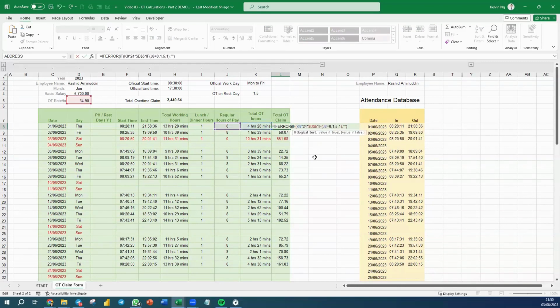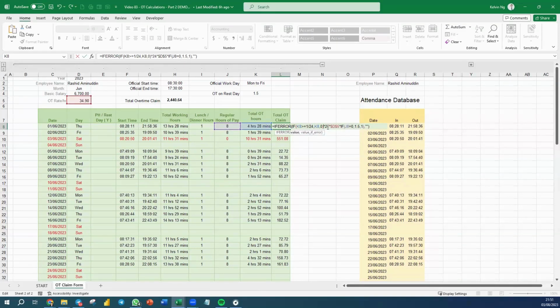So you say IF this K8 is greater than or equal to 1 divided by 24, that means it's at least 1 hour, then use the K8. Otherwise, put 0.